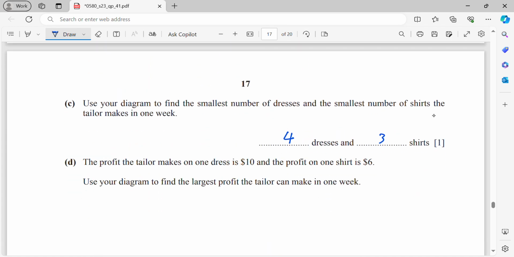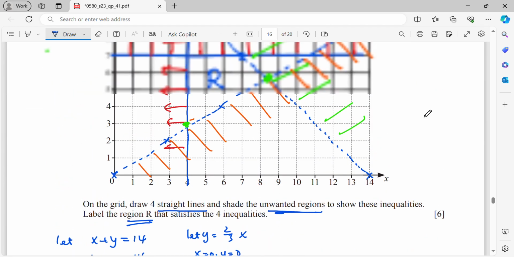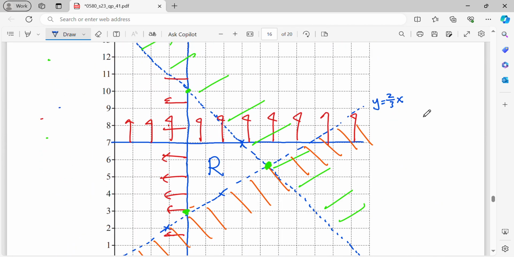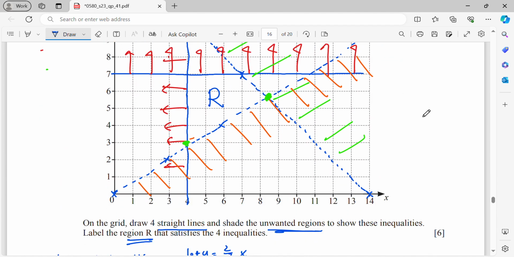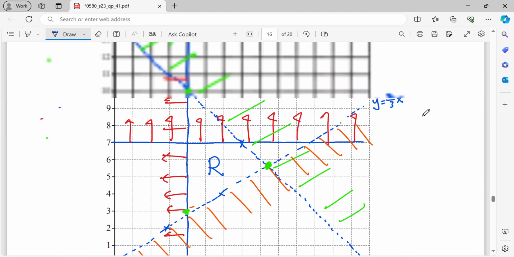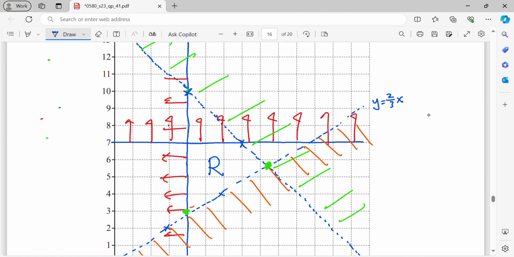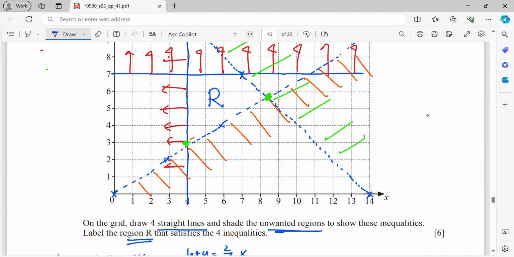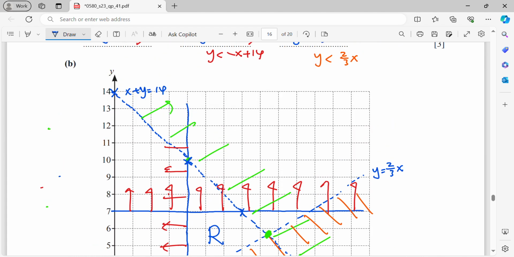Okay, now the profit the tailor makes on one dress is $10 and the profit on one shirt is $6. Use your diagram to find the largest profit the tailor can make in 1 week. So now from here I will say that the largest profit is at the top point, which means your x is 4 and the y is 10.